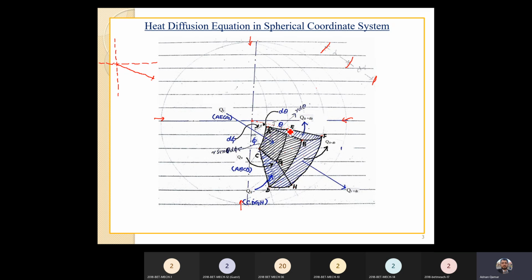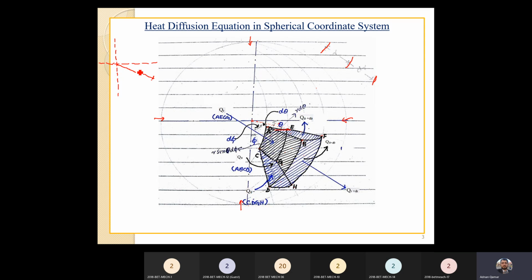Okay, so because it is a solid object, consider the angle of this whole surface, not this line, from E, A, B and F, this is a plane surface, the upper surface. The angle of this surface from the center line is theta.